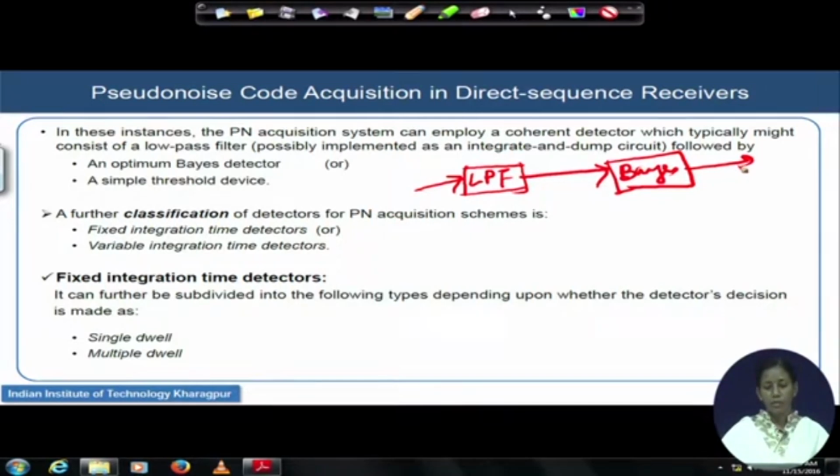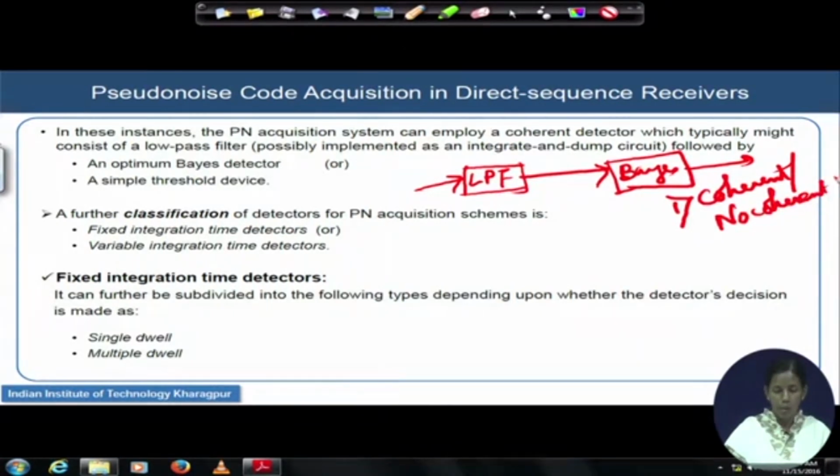So, the first classification that we have learned is based on the detector architecture, which may be coherent or non-coherent. Based on that, one classification of the PN code acquisition circuits comes up.